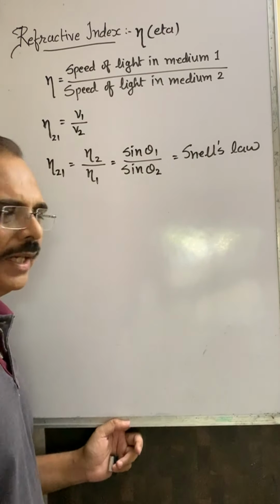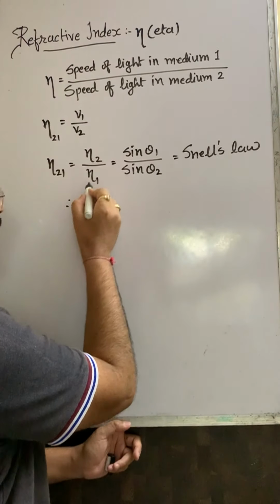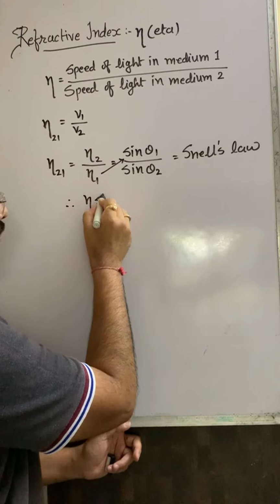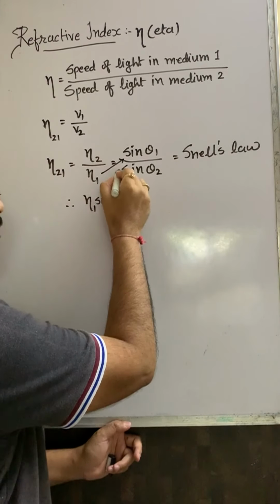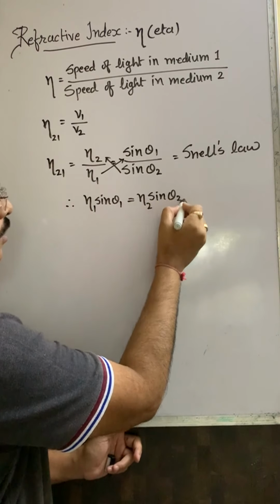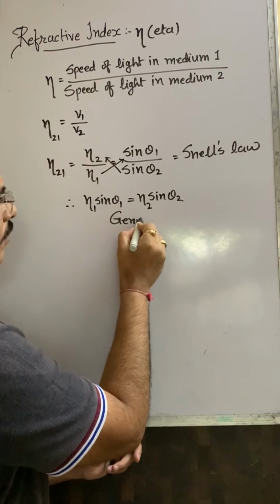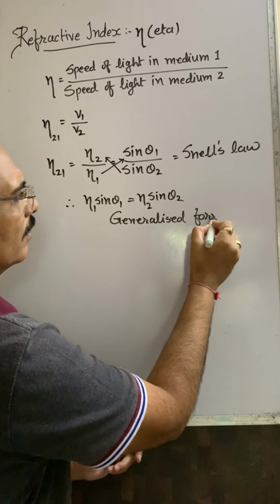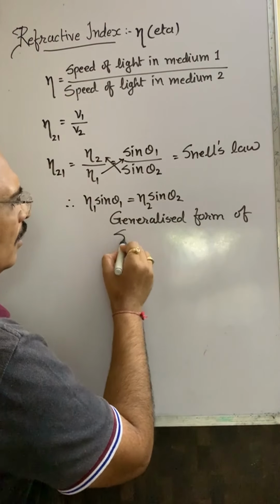If you cross multiply, then eta 1 sine theta 1 is equal to eta 2 sine theta 2. This is the generalized form of Snell's law.